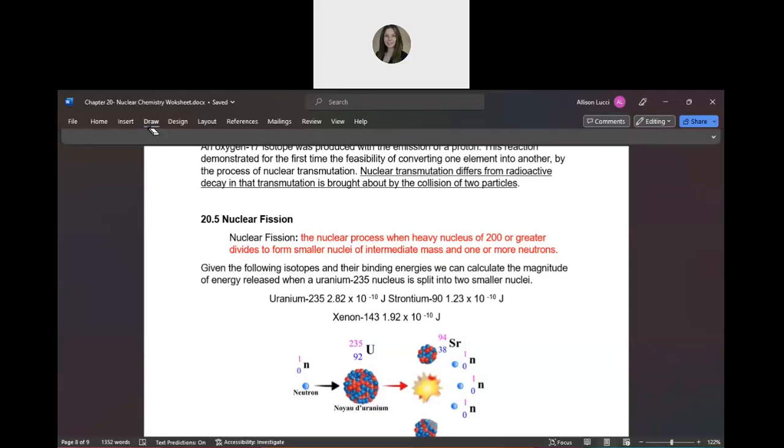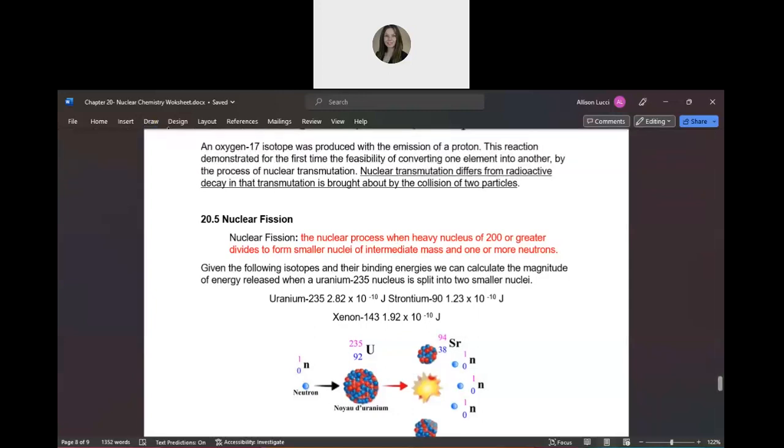Nuclear fission is a specific type of radioactive decay where we have a heavy nucleus, so it has an atomic mass number of 200 or greater, and it divides into smaller nuclei of an intermediate size and usually one or more neutrons.